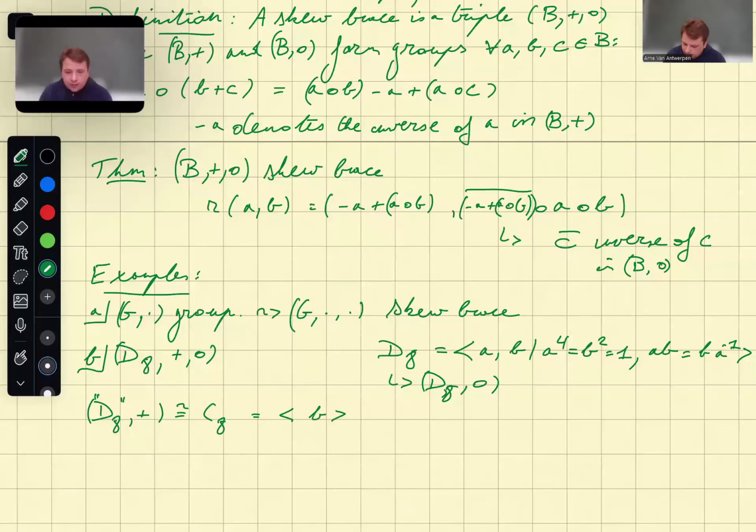Well, an element that I would here denote by A to the I, B to the J, in my cyclic group C8 generated by the B's, I would consider this 2 times I plus J. Of course, here I assume that I sits between 0 and 3, J sits between 0 and 1.